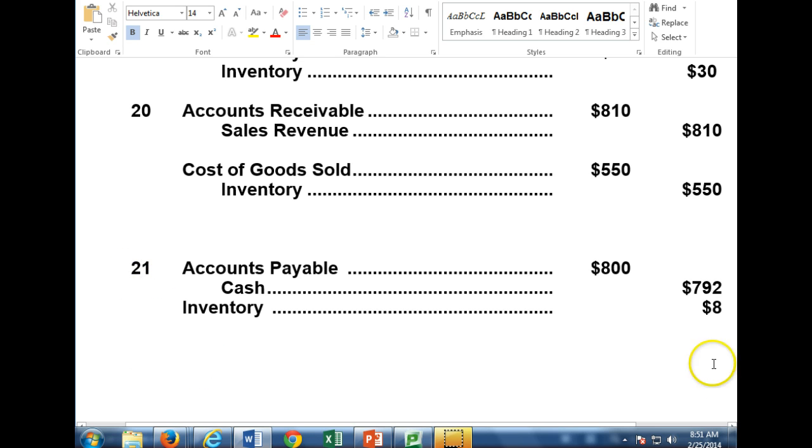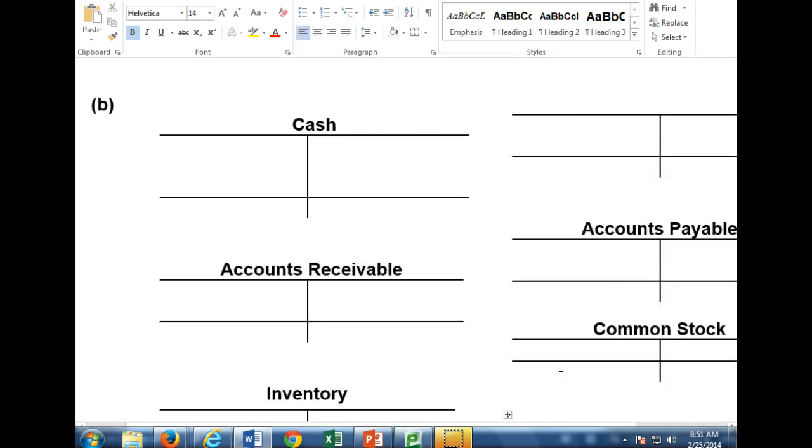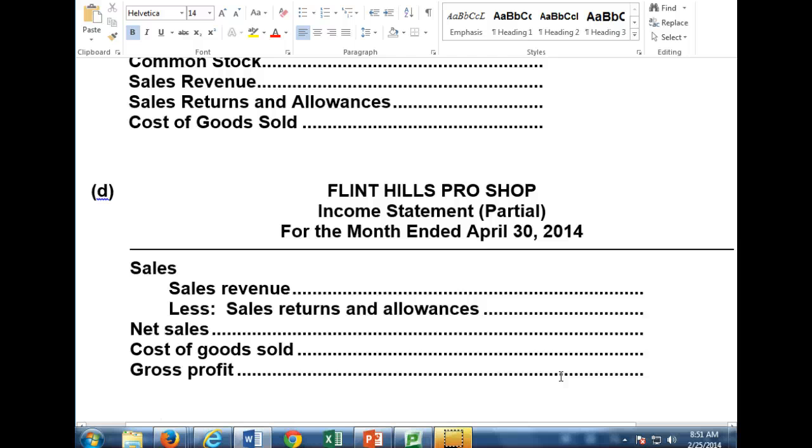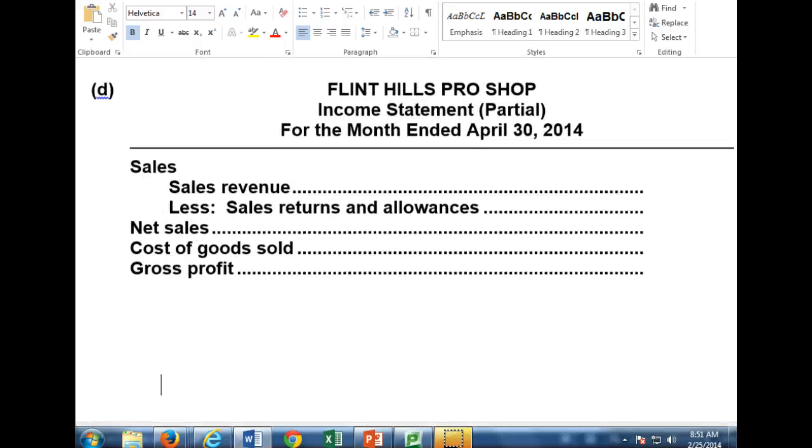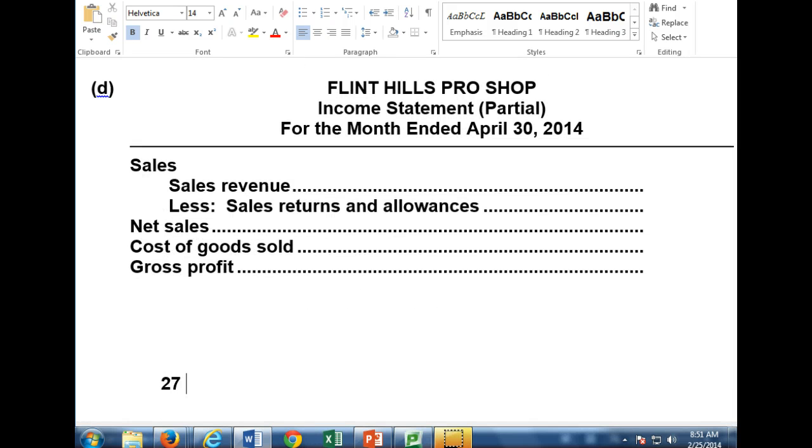Okay, you guys, how can I do this with this template? Let me just do it down here, okay? The 27th, and what is the amount? We did a sales, returns, and allowances for how much? 80.